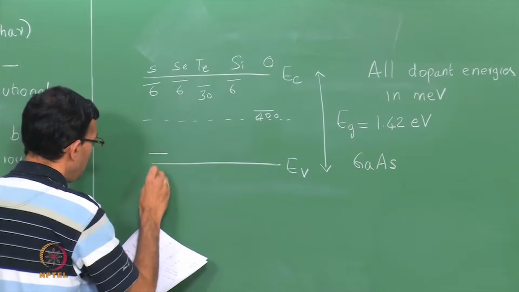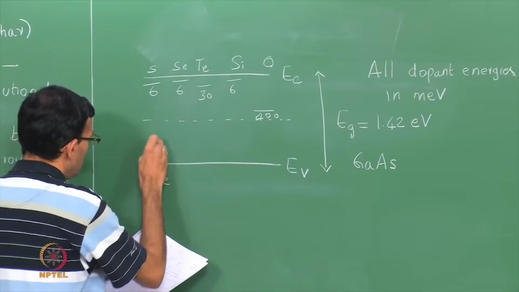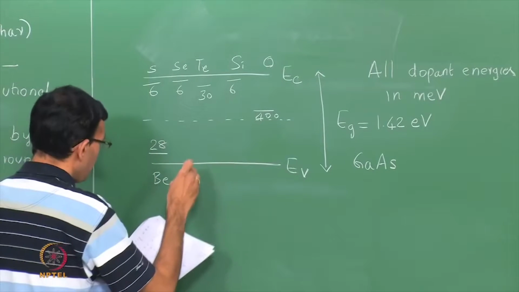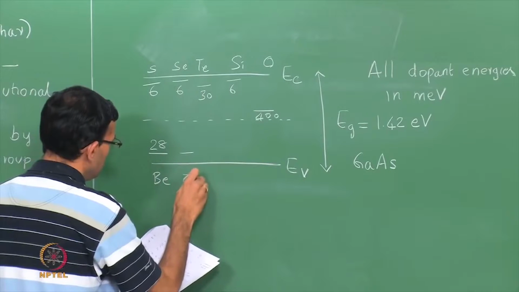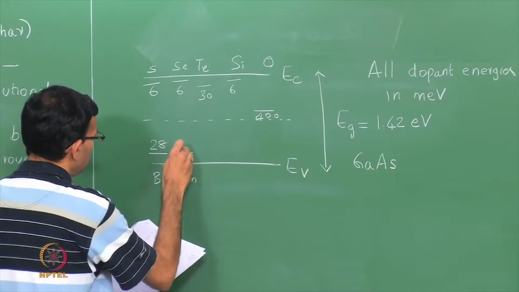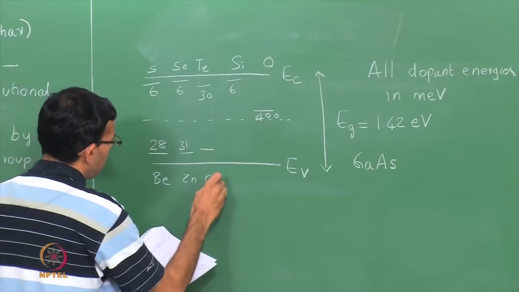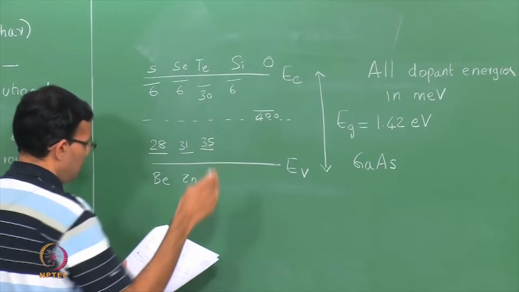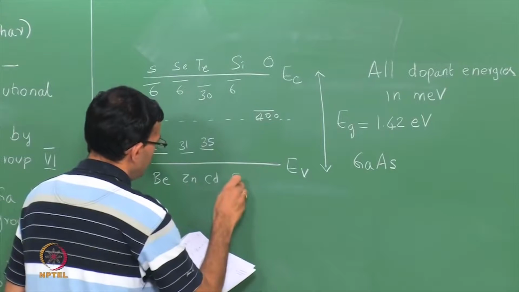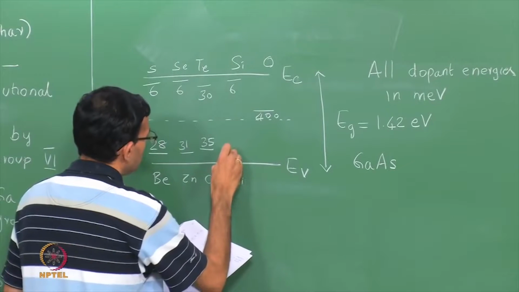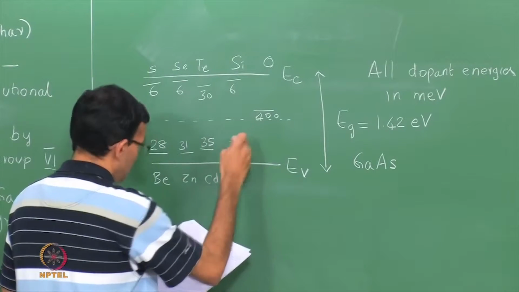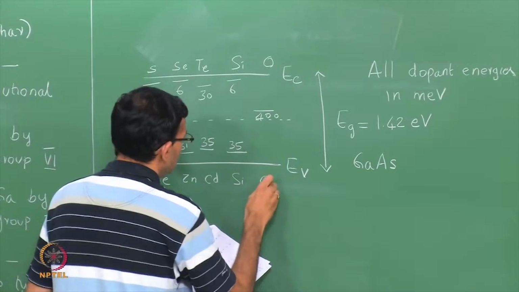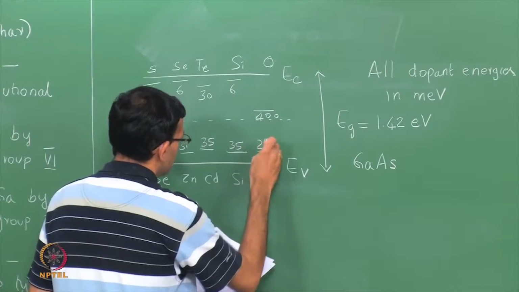We have beryllium, which is around 28, zinc is 31, cadmium is slightly higher, 35. We can also have silicon as a p-type, that is around 35 again, carbon is around 26.